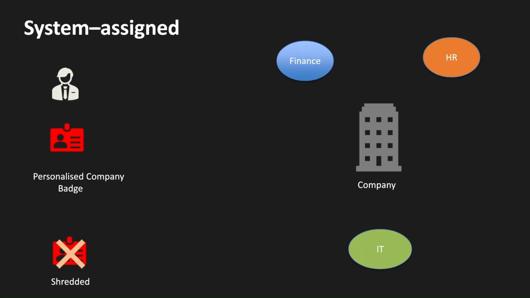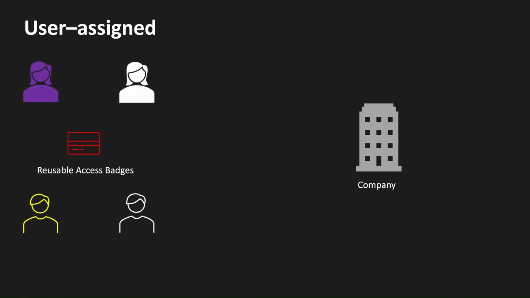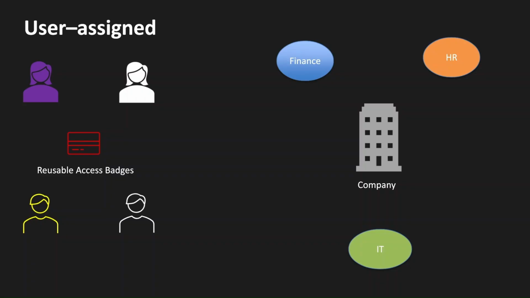Now let's understand how it's different from user assigned. In the case of user assigned, there is a company and there are reusable access badges which are used by multiple people in the organization, and they can get access to finance, HR, IT, or any other department. Now they can be from any department, that doesn't matter, but they are going to use something which is reusable across.